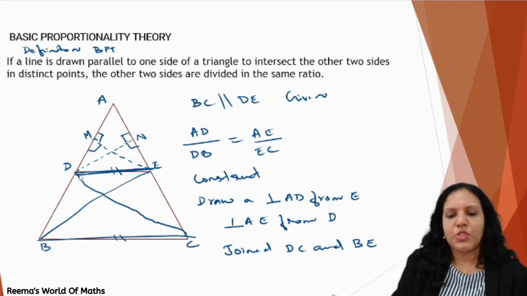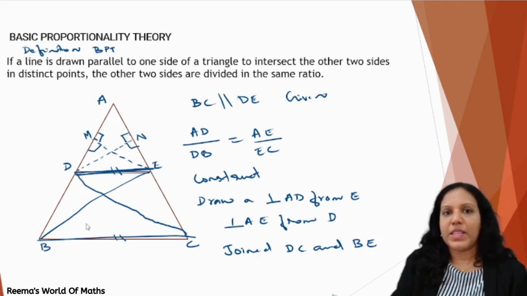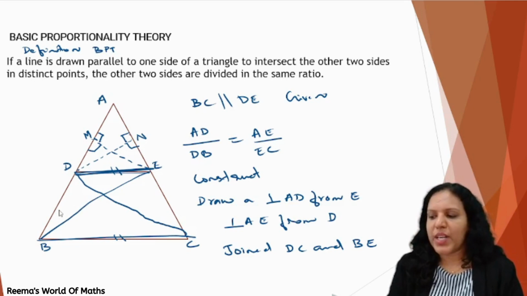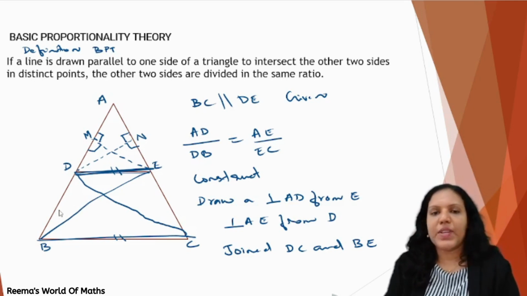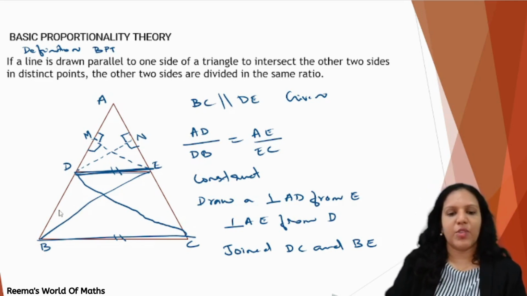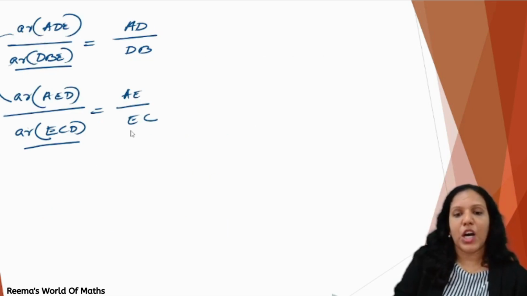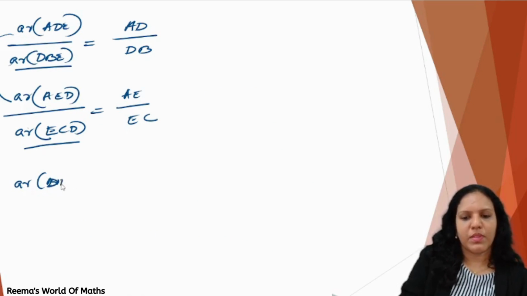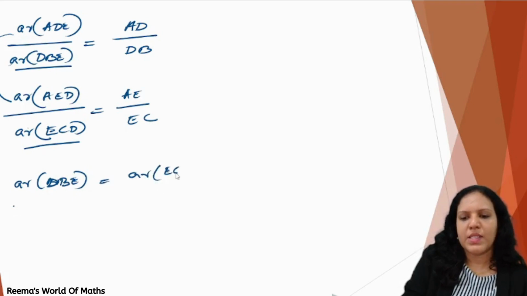If two triangles have the same base and lie between parallel lines, their areas will always be equal. So we can say area of DBE is equal to area of ECD.